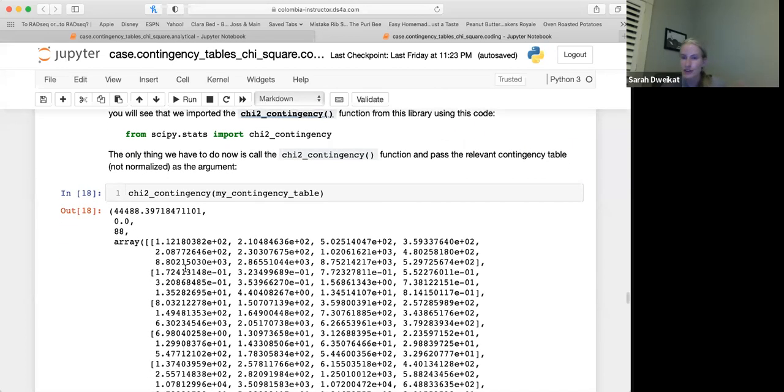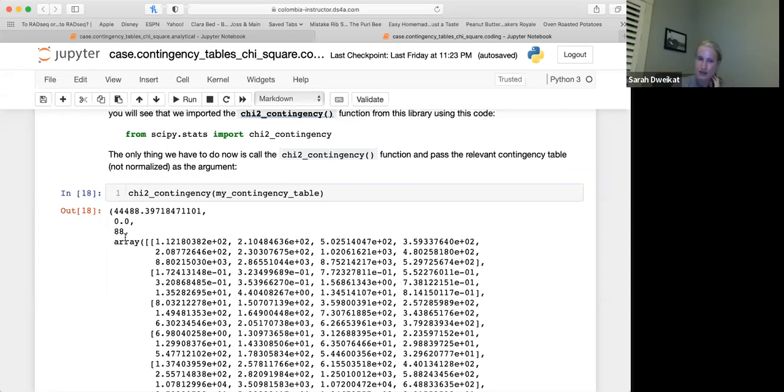All you have to do is use this function chi2_contingency, and then you need to put in your contingency table. Remember, we named our counts table my contingency table. So we just do chi2_contingency, and then it will output a couple of different things. The most important is the second value. That's your p-value. I think this is the test statistic.